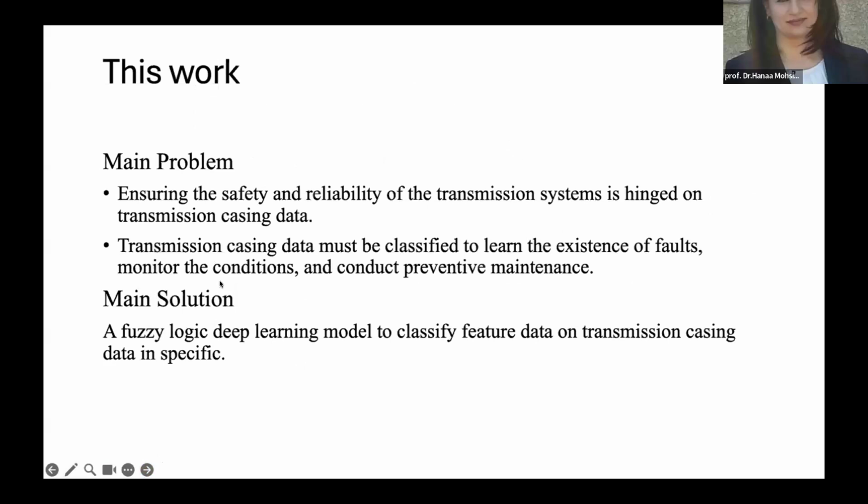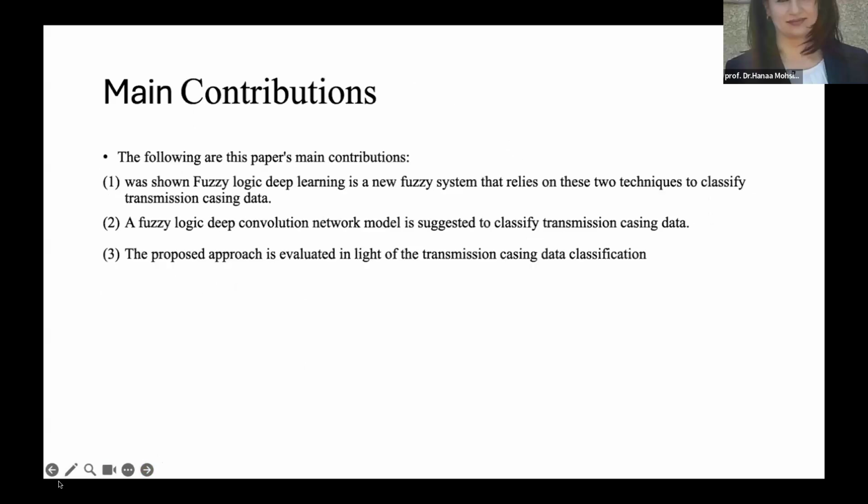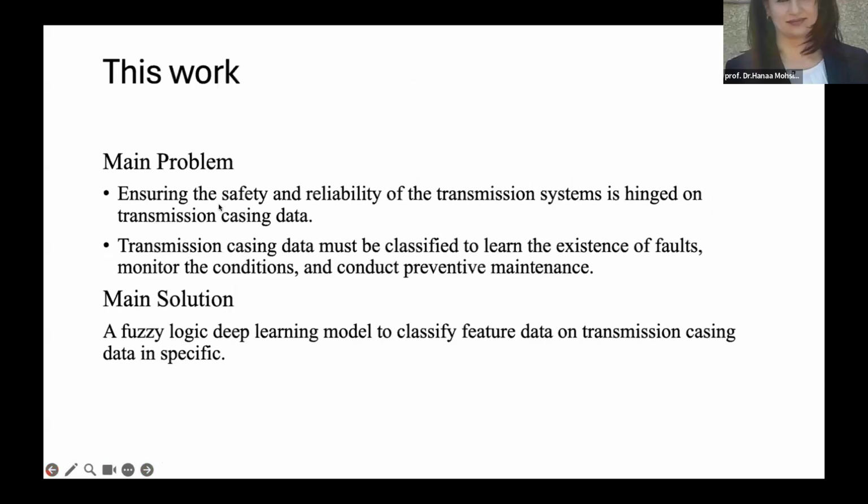In this work, our main problem is how to ensure the safety and reliability of transmission systems, especially for transmission casing data.